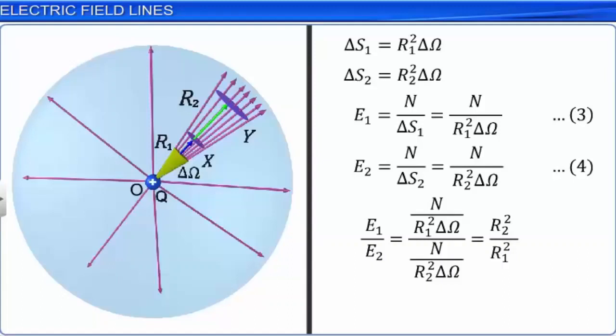From equations 3 and 4, we see that even though the number of field lines n and the solid angle delta omega are the same at x and y, the electric field strength E, which is equal to number of field lines per unit area, is proportional to 1 by r square, where r is the distance of the point from the charge q.